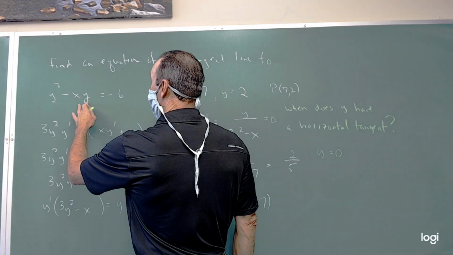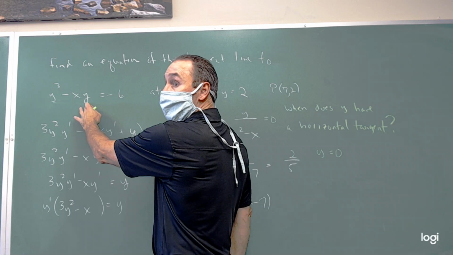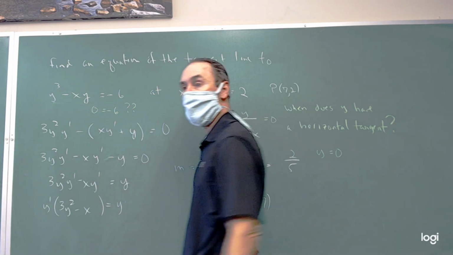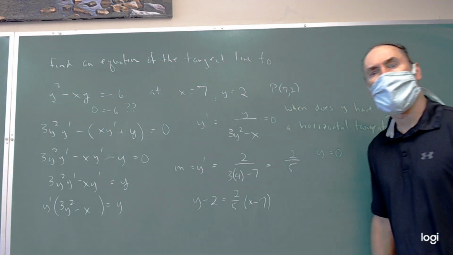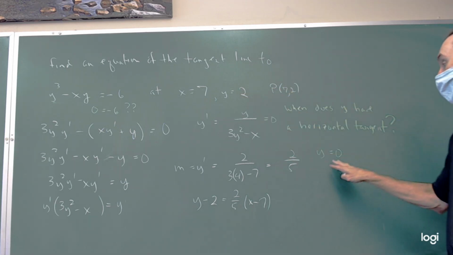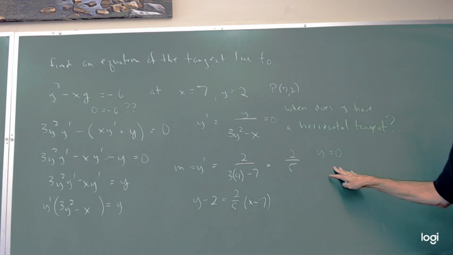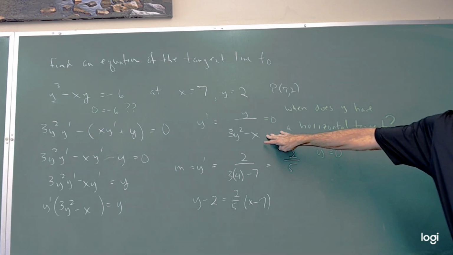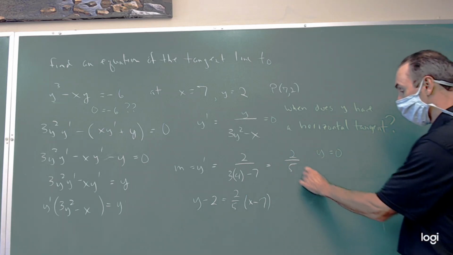We're getting 0 equals negative 6, right? That's not true. What does that mean? Yeah, that means there's no point on that curve with a y coordinate of 0. And if that's the case, there is no horizontal tangent. Okay, follow how that works?